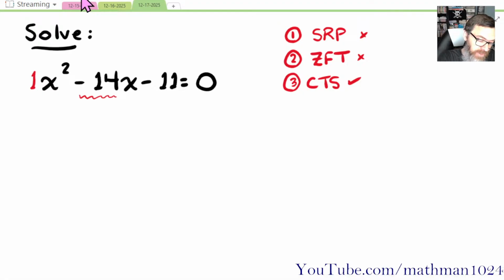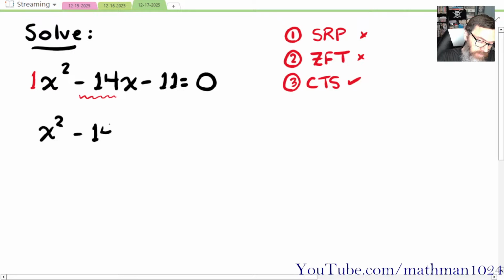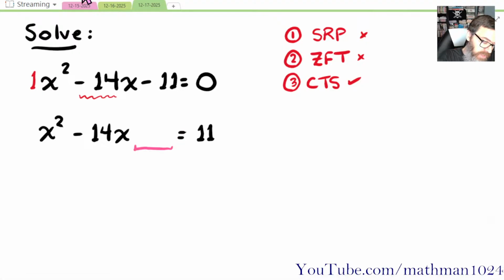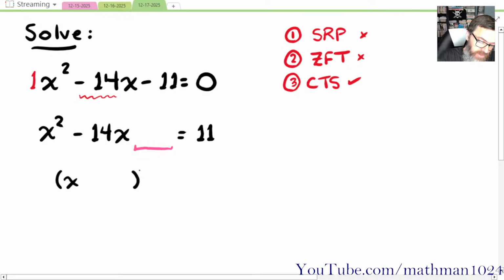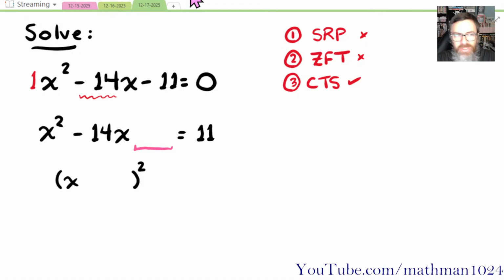So we have everything set up here that's going to work out nicely for us so that completing the square is the best method. The first thing that we do is move the 11 to the other side, so it becomes a plus 11. Now leave the gap there, because we know that part of this process is figuring out what number we're going to add in the gap so that everything on the left side will factor as the square of a binomial. So it's a two-step process, but we kind of do it all at the same time.